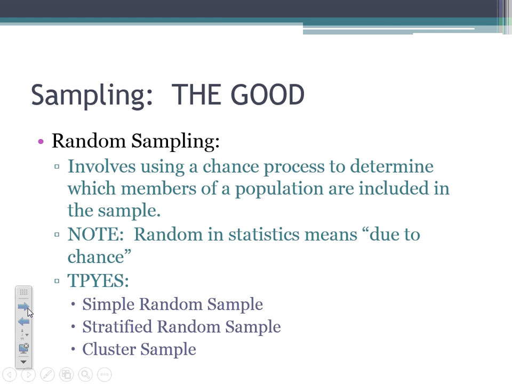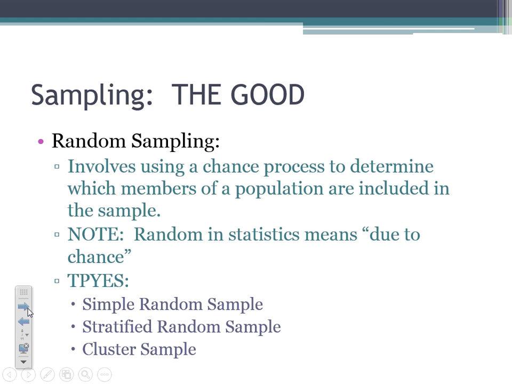You know, like if you say that was so random, right? It's just out of the blue, out of nowhere. And that's not what we mean in statistics. Right? When we use the word random, all we mean is that it's due to chance. Okay, chance meaning everybody has the same chance of being selected. Everything has the same chance of being selected, but probability is what's doing the selection for us ultimately.